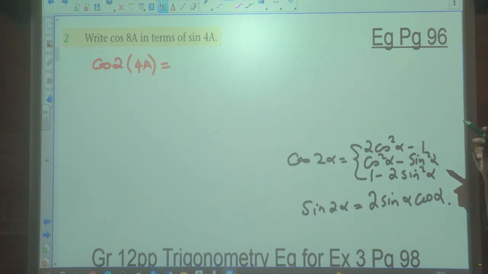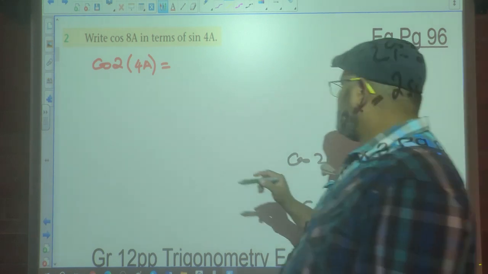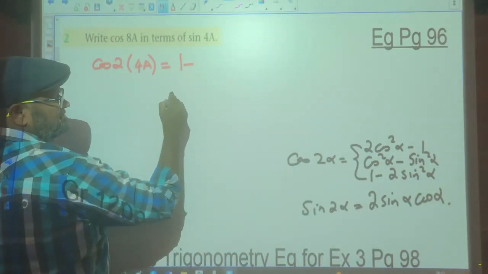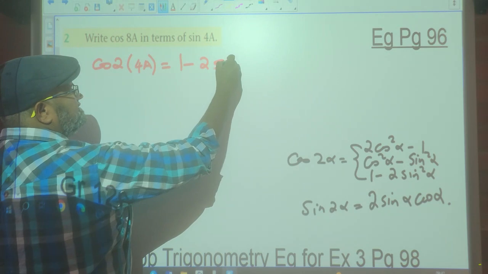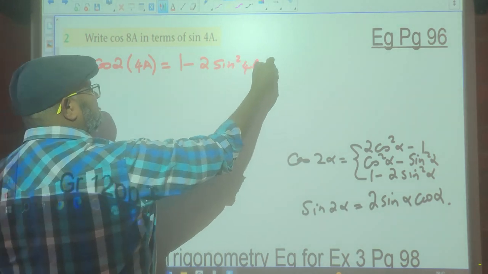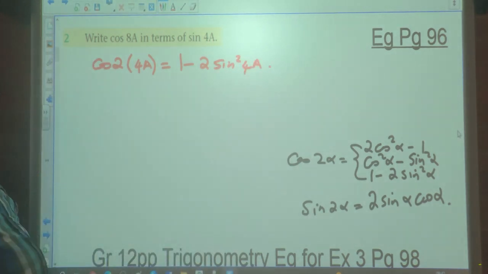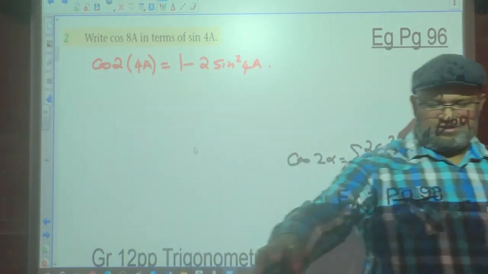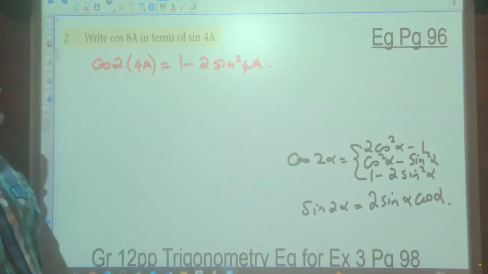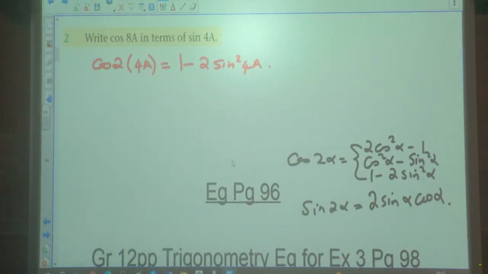But what did they ask us? Sine. So I'm going to write it as 1 minus 2 sine squared 4a. Do you guys understand? Is there any confusion? It's too easy to be confused about. Right, let's look at the next one.